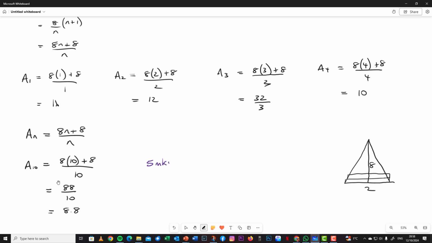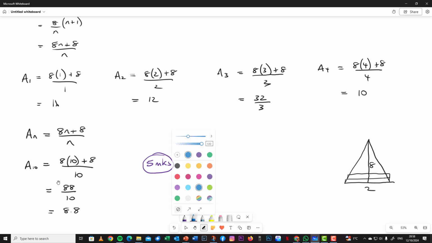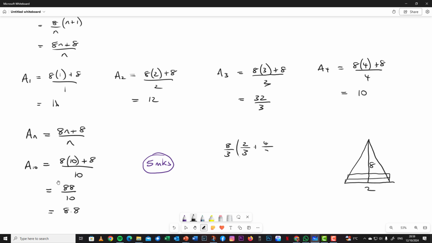The easier way, just to come back to it, is maybe people would have seen that in the third sequence, which was the answer to the B part of the question, that it was the height multiplied by the sum of the bases. The sum of the bases was 2 over 3 plus 4 over 3 plus 6 over 3.